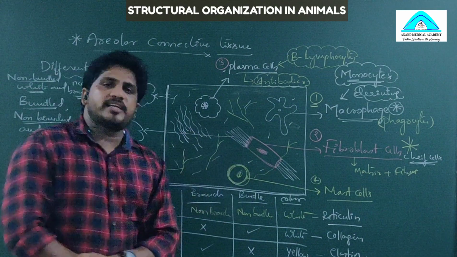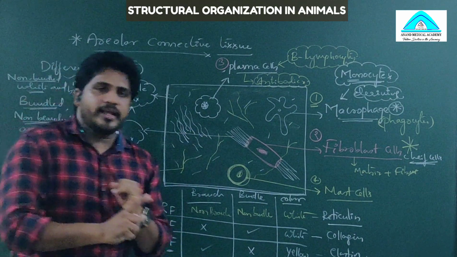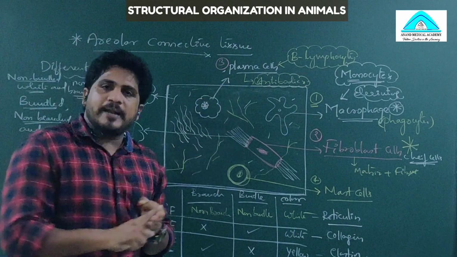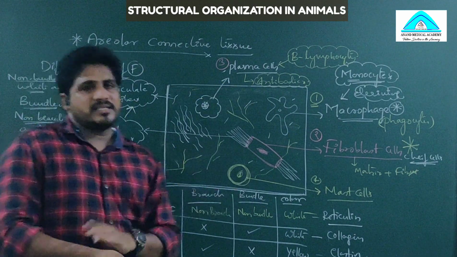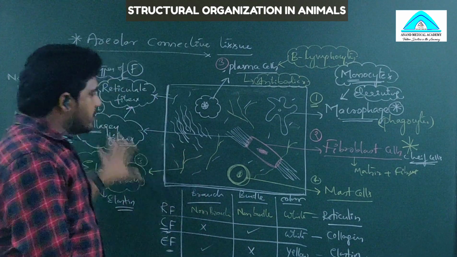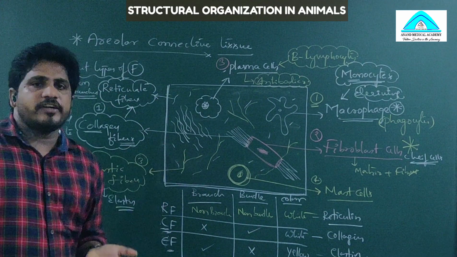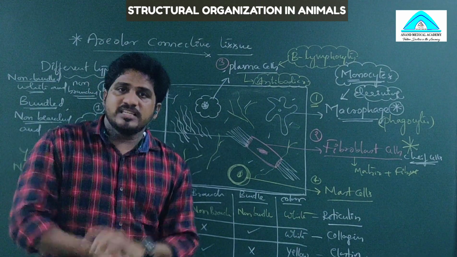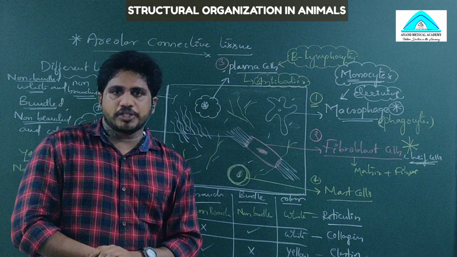What are the types of cells present in the areolar connective tissue? Type 1 is macrophages, type 2 fibroblast cells, type 3 plasma cells, and type 4 mast cells. Every cell has unique functions, and these fibers also have different functions. In future classes we will come to know. This is the entire structure of areolar connective tissue.